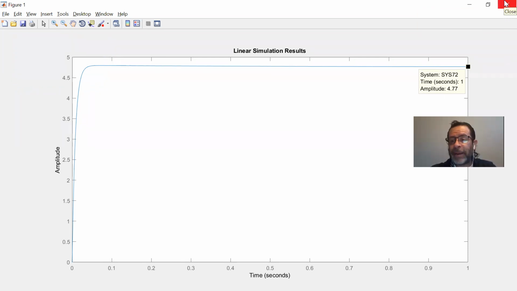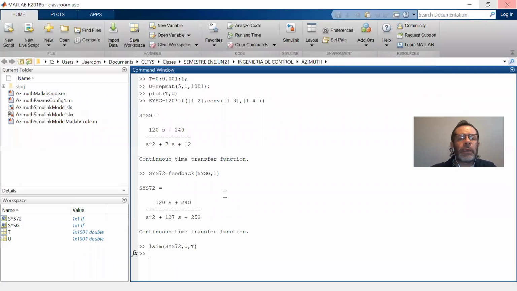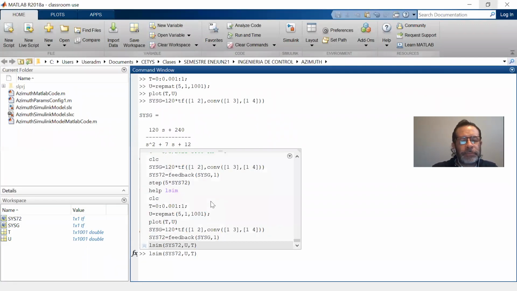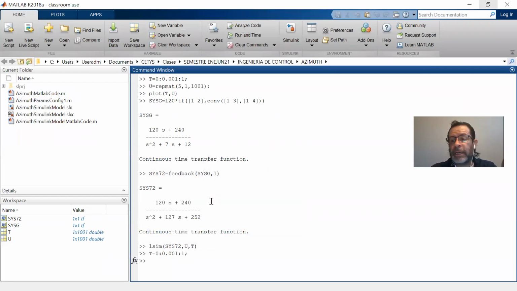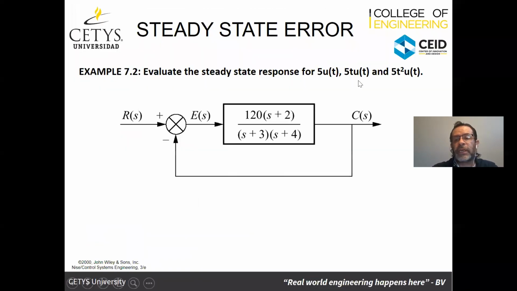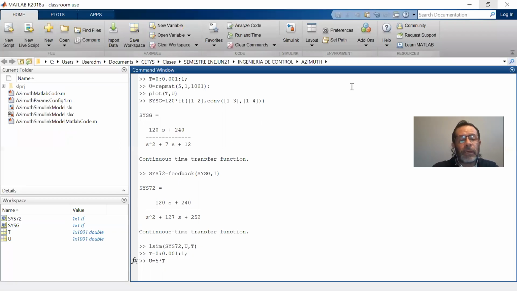Now let's give it a ramp function. To give it a ramp function, I've already defined my vector t. And so what I'm going to do is say that u equals, I'm sorry, u equals 5 times t, because remember that the function we're giving it is 5t.